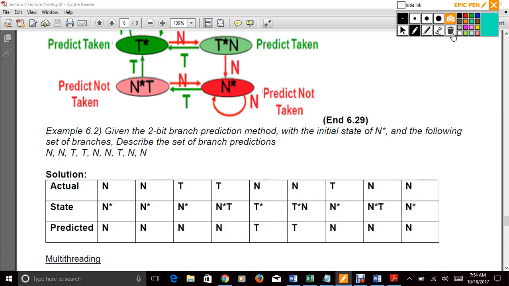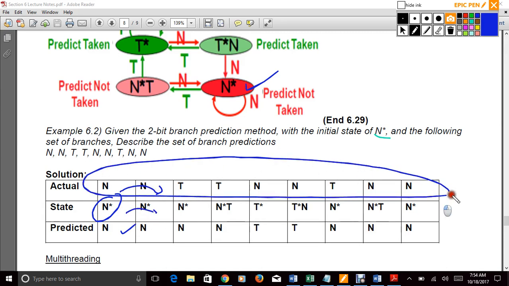And so what's actually going to happen here? So if we start at n star, I'm going to do dark blue so it becomes even. So starting at n star means that we're here. So we're going to predict n. So if it's not taken, then we stay at n star. So the first thing you would do is just draw these out for actual.